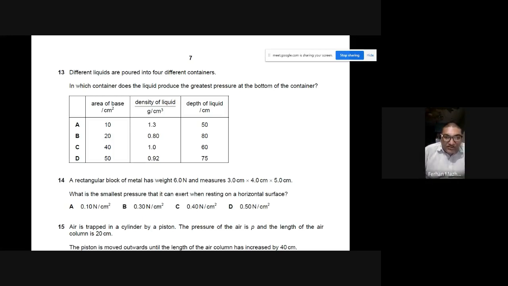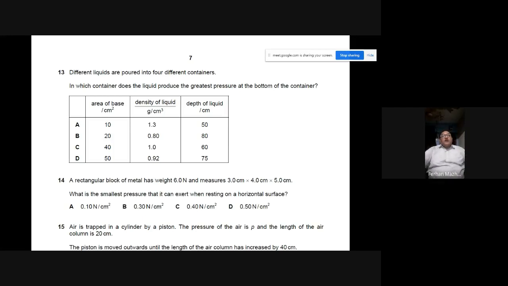So for all these 4 liquids, calculate the pressure rho g h. For example, for the first body, the density is 1.3, the vertical depth is 50, and the g value is 10. Just put those values; although the units are not consistent for the g value, it does not matter because they all will have that g value in them. So for A, B, C, and D, calculate the pressure by the formula rho g h.